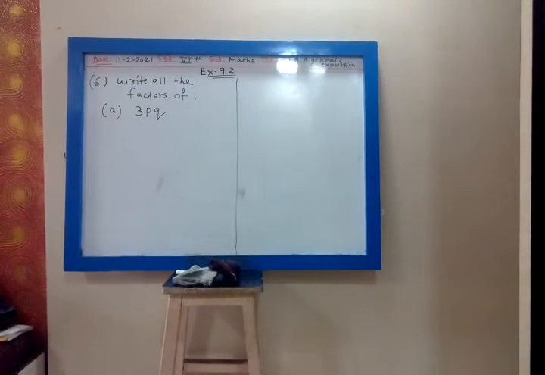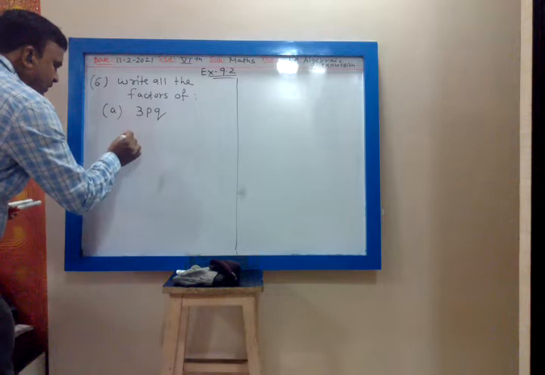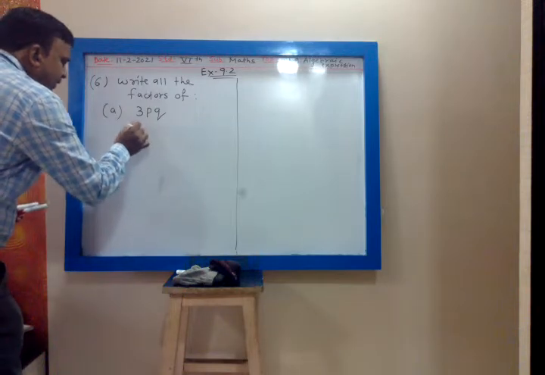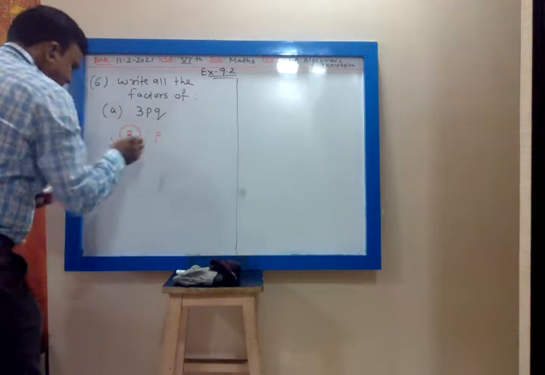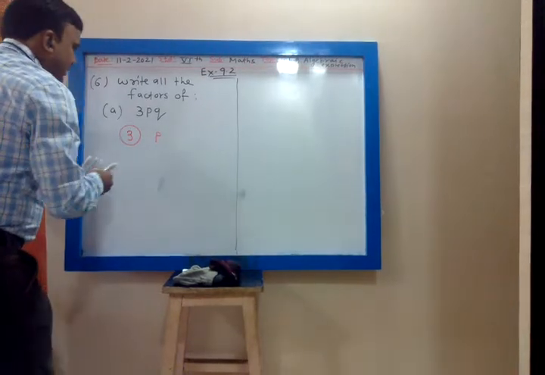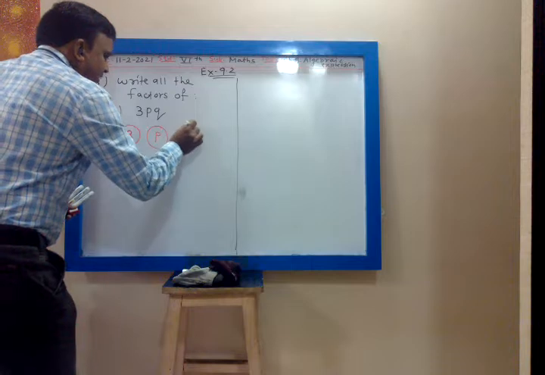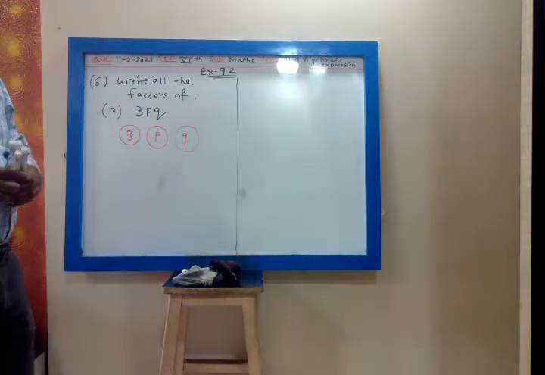Now it is clear, right? Now which numbers can you see in that? One number is 3, correct? Then the other is P, and the other number is Q. Circle them. So write down factors of 3PQ.